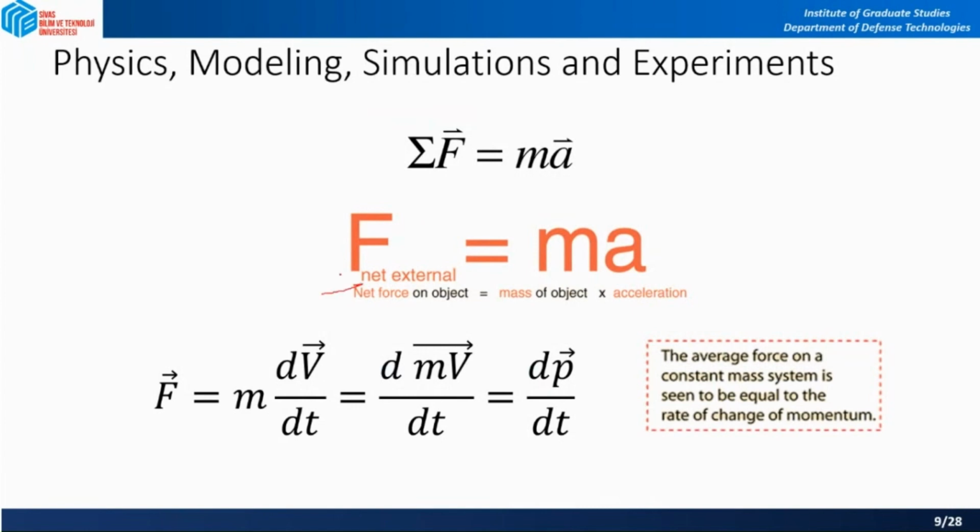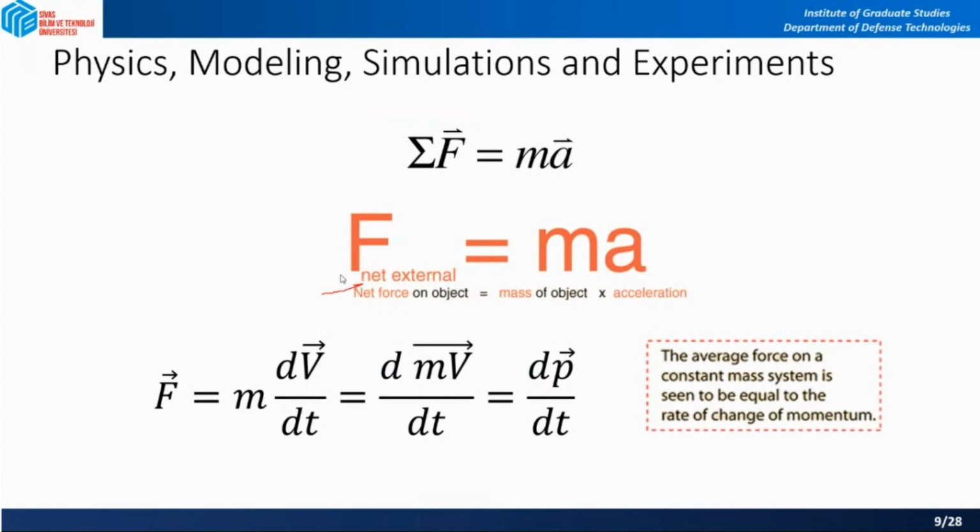When I say body, I'm assuming a certain mass, and that net force is critical here, and that's why we have the sigma sign. That net force causes this body to move or to accelerate in some direction. We've known all this since Newton.